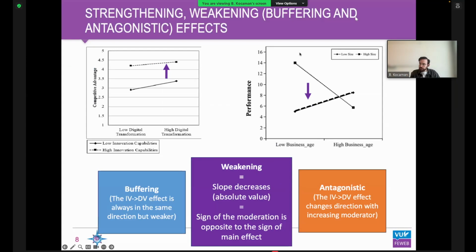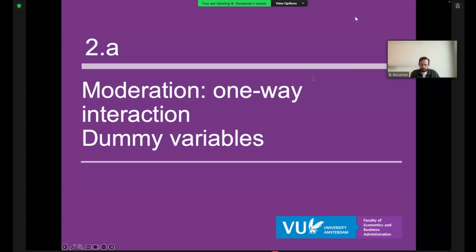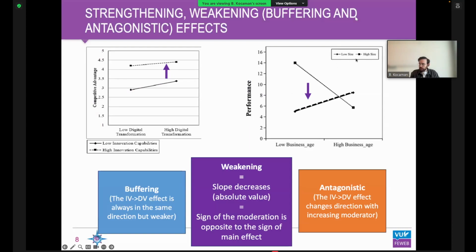I'm gonna upload a new version, so don't worry about that. But here, if this is the low size case, we see a negative relationship. In the high size case, we see a positive relationship, because when we go from low to high, we see that the performance increases.